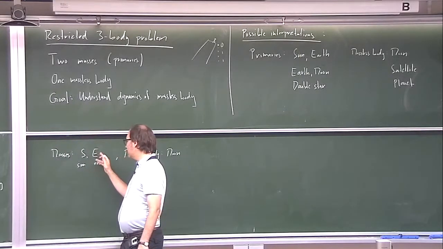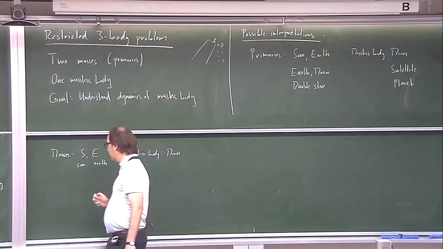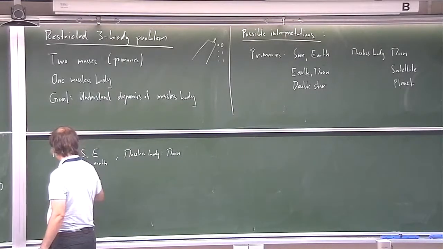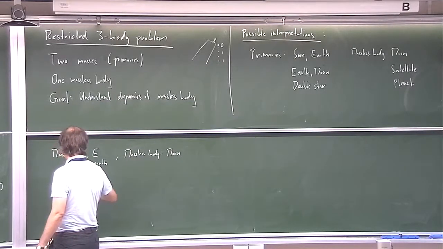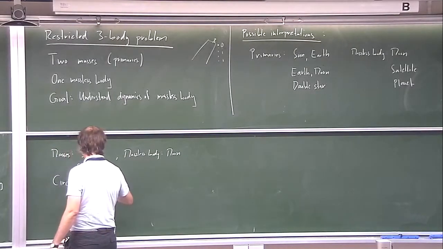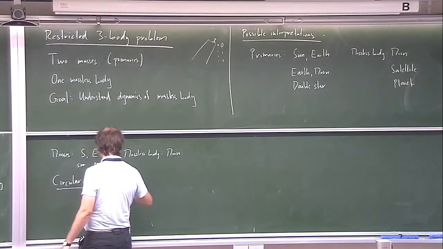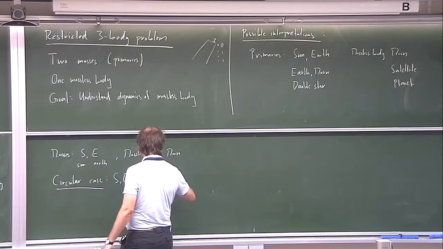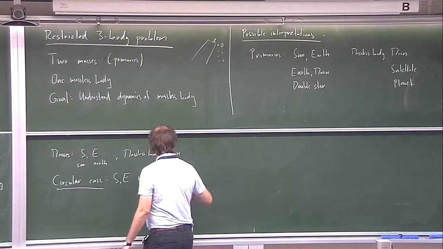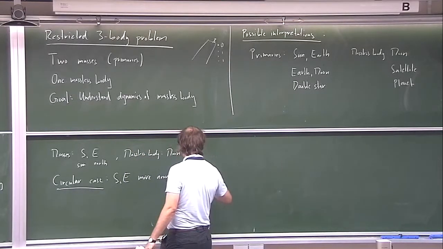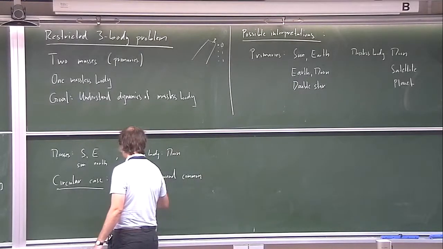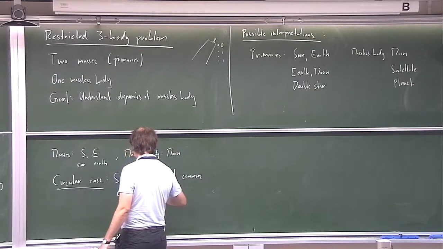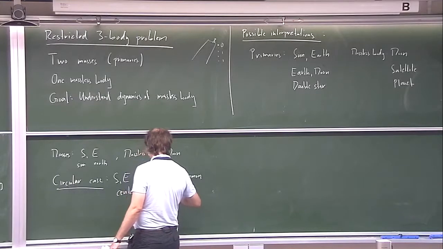They are actually ellipses with small eccentricity, but we look at the circular case.